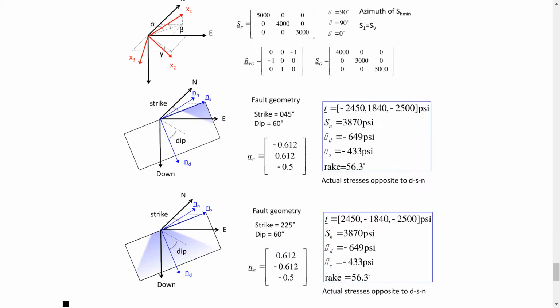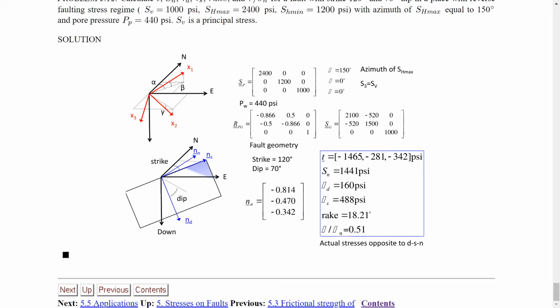But to me, as long as you know the fundamentals of why we want to calculate stresses on a plane and which planes are closer to shear, that's what is really important. So let's come back to why we want to calculate these stresses.